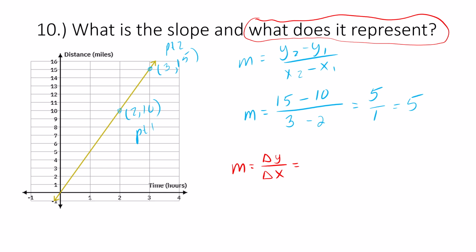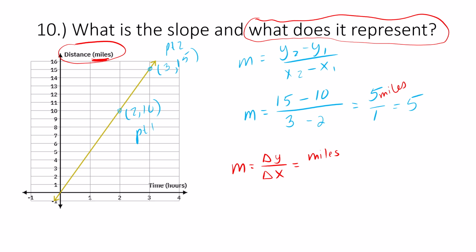If you look at the label on this, it is distance in miles. And so that number is measured in miles, whatever that number is. So you have 15 miles minus 10 miles.